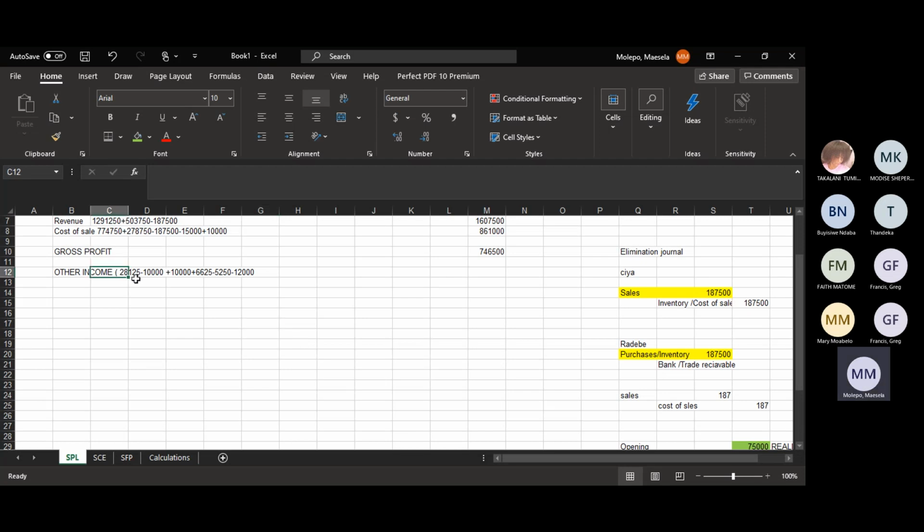It's not balancing here. 28,125 minus the 12,000. You minus the 10,000. You add it back, and then the 6,625. $28,125.